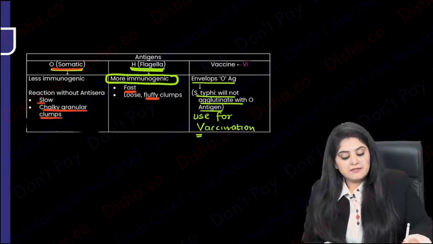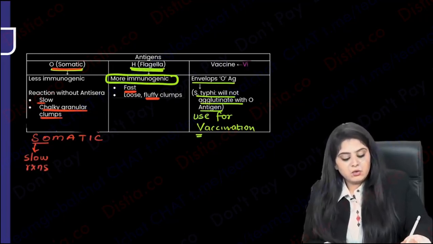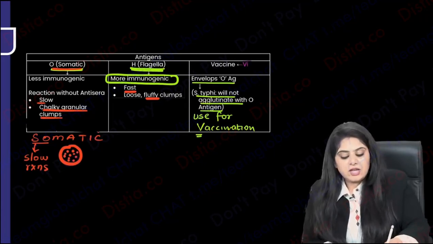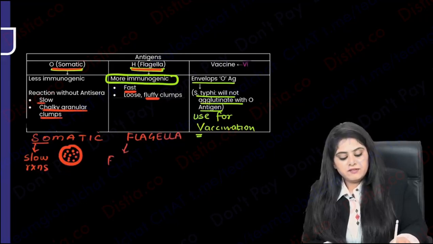So how have I learnt it? Please note that when we are talking about somatic, sote, it will give a reaction. Sote means it's going to have a slow reaction, number one. And because you call it the O antigen, you will see this granularity. You will see chalky granularity. Whereas the H antigen, which is the flagellar antigen, split flagella, you will get number one, a very, very fast reaction and there are going to be loose, fluffy clumps.